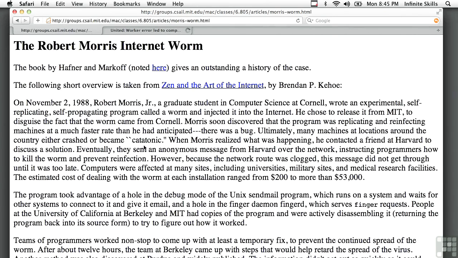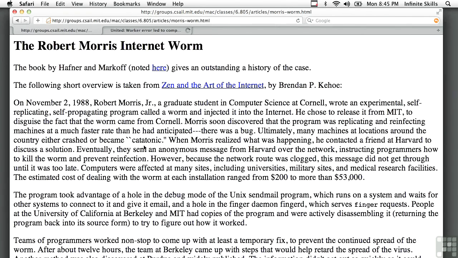Robert Morris Jr., also called RTM, was a graduate student at Cornell, and he wrote what was probably the first internet worm, and certainly the first that had a lot of notoriety. Morris said that the worm got out of his control, and he had originally expected that it was only going to stay in the lab where he was doing some work. Instead, it got through what was then the entire internet and took down a large number of systems.